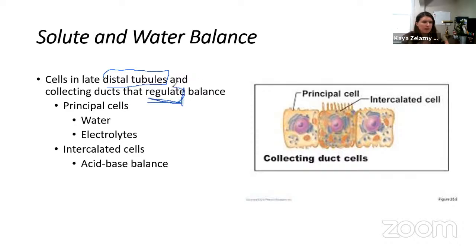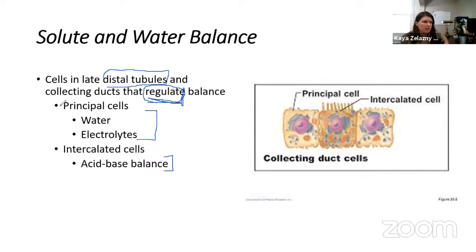So what we're really regulating here is making sure that we're in balance. And we are balancing water and electrolytes. We are also balancing blood pH, so plasma pH. Acid balance has its own special cells that control that acid-base balance.